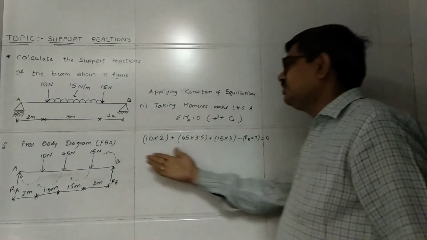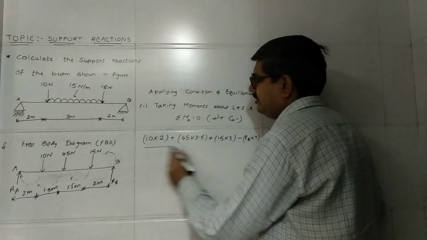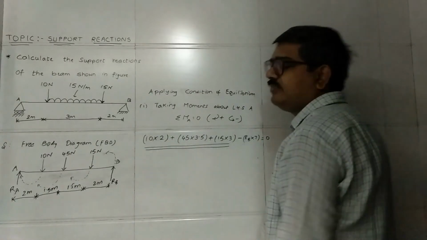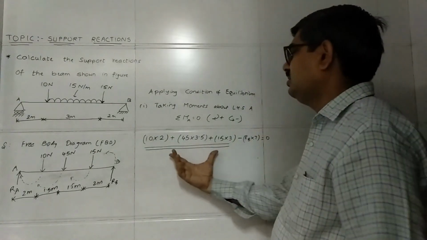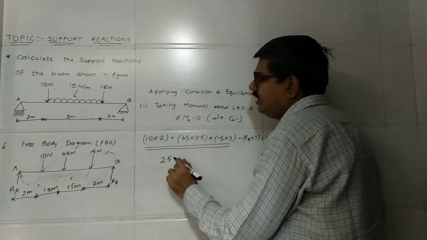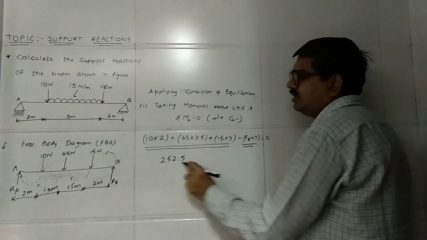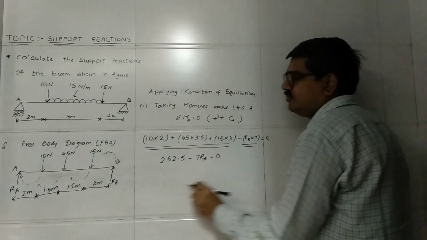Okay. So now after calculating this, you can calculate the value of this much in your scientific calculator, and you will get 252.5, and the remaining term is minus 7 RB. So 252.5 minus 7 RB equal to 0.